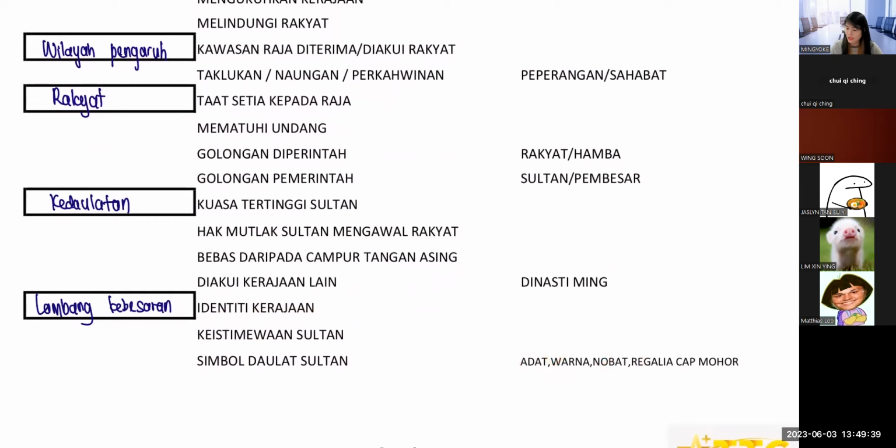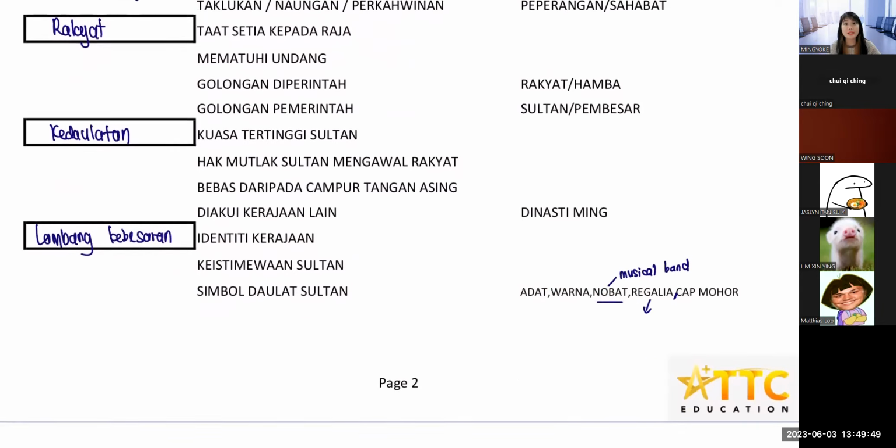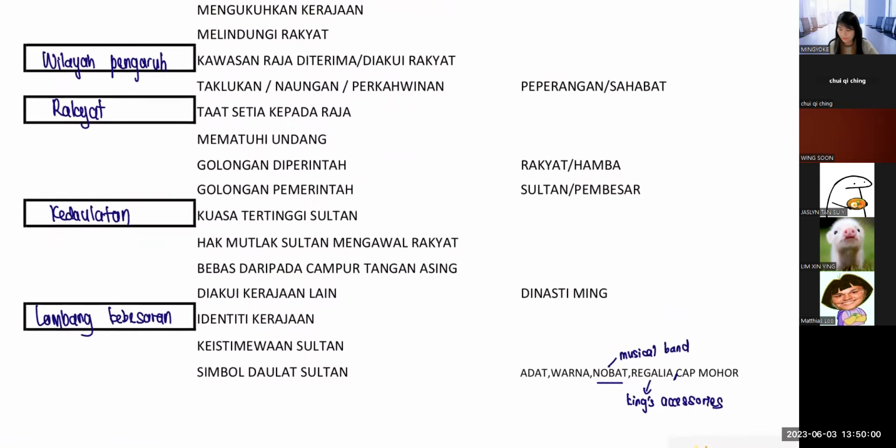Nobat is what? Musical band. Regalia is what? Regalia is those king's accessories. King's accessories. And therefore, cap mohor, the chop. Okay?